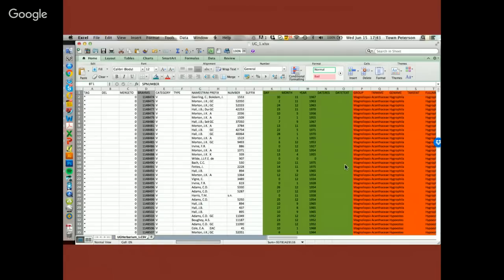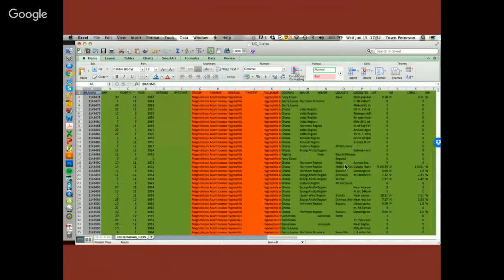So I've highlighted in different colors the fields that I thought to use in this particular analysis, and then I can remove them. And so long as I have that unique identifier, I know I can go back to the original data records. And so notice that here in this lighter green, I have time information.